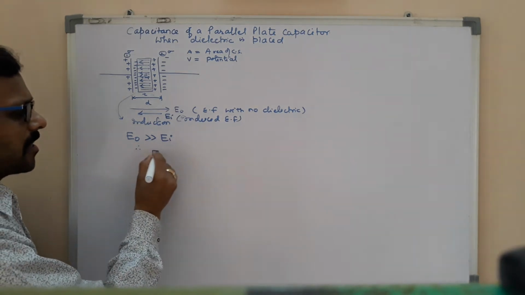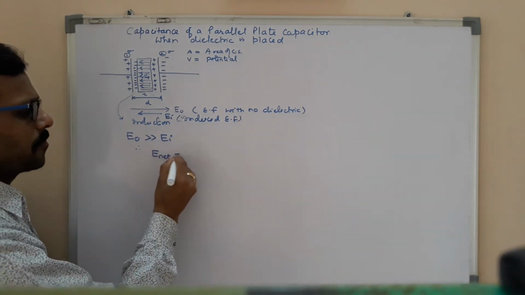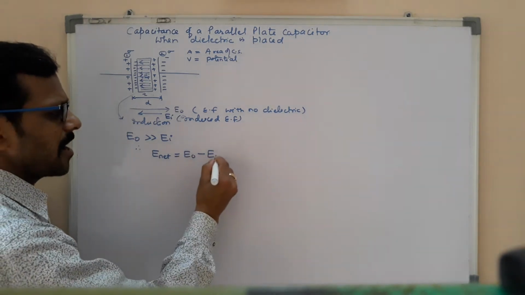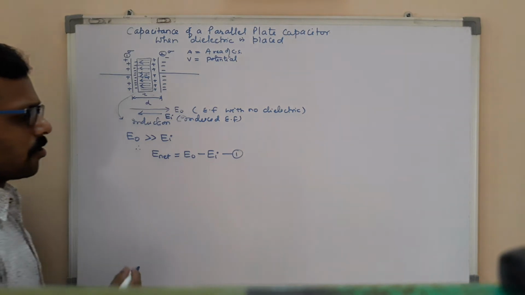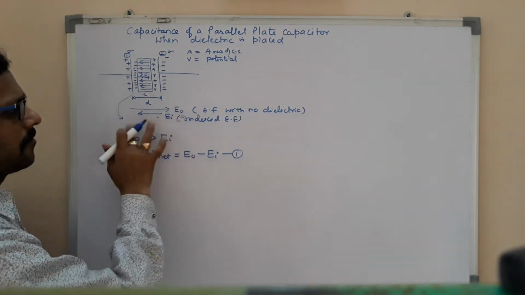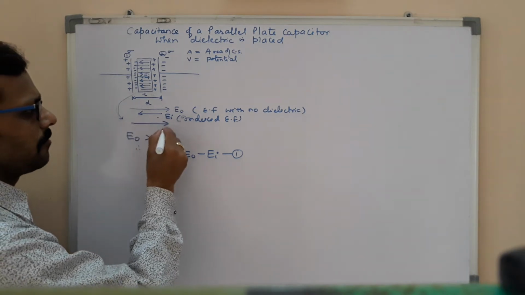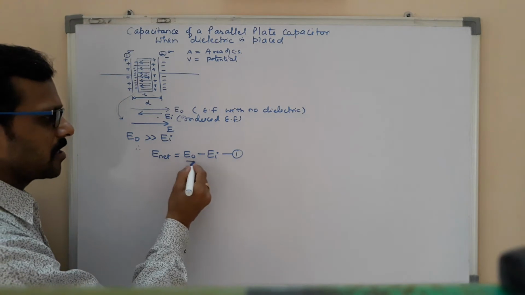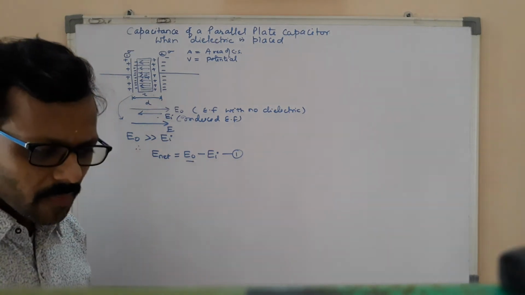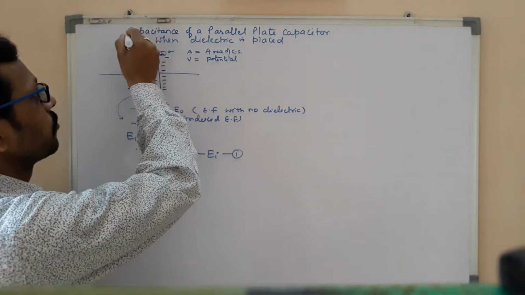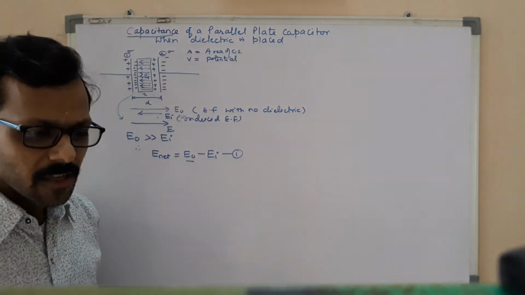Therefore, the net electric field will be E naught minus EI. What will be the direction of the net electric field? It will be in the direction of E naught, because E naught is greater than EI. So this is the explanation of the diagram to find the capacitance.